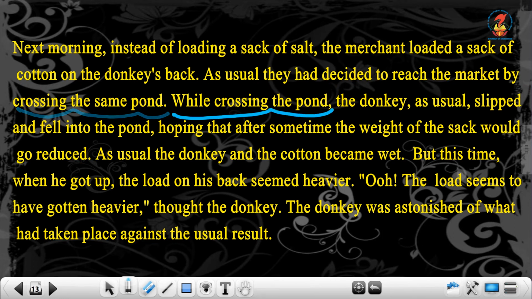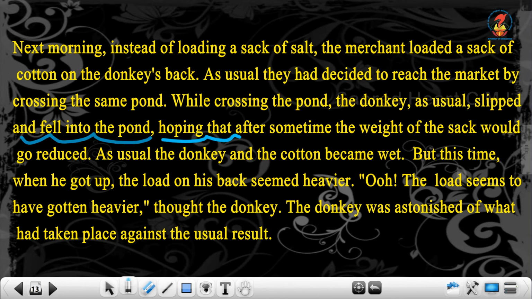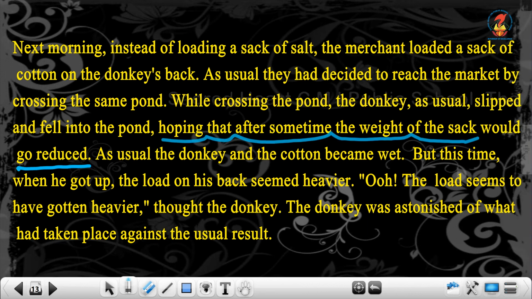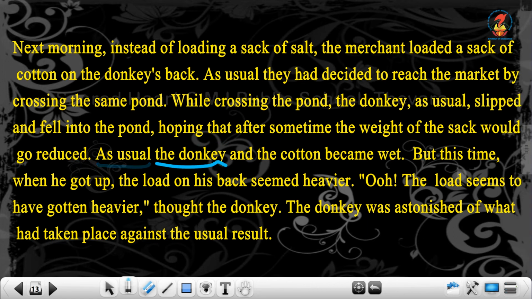While crossing the pond, the donkey, as usual, slipped and fell into the pond, hoping that after some time the weight of the sack would be reduced. As usual, the donkey and the cotton became wet.